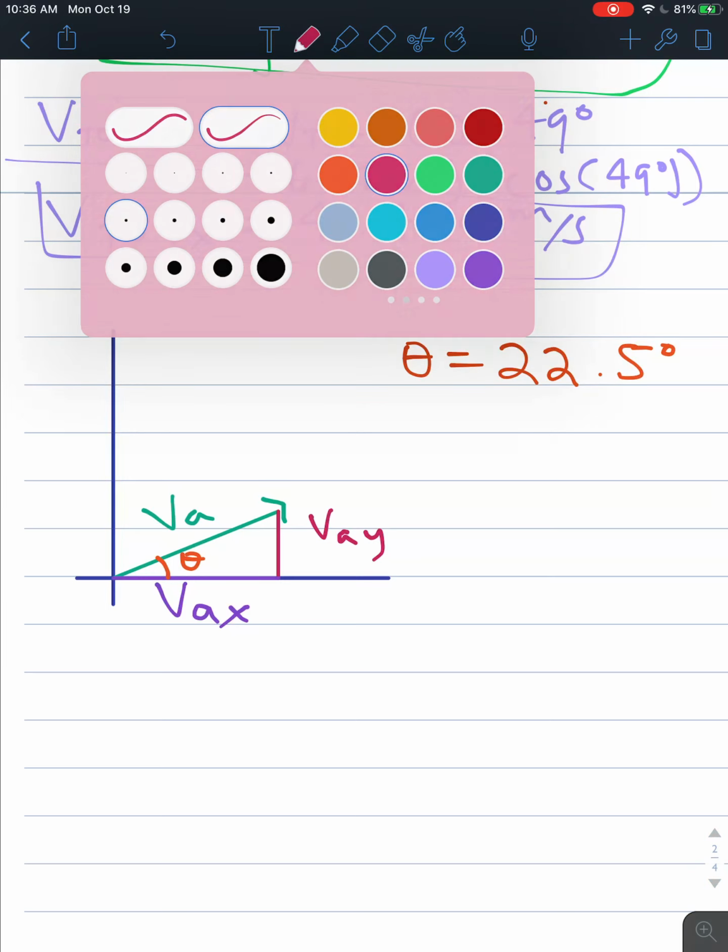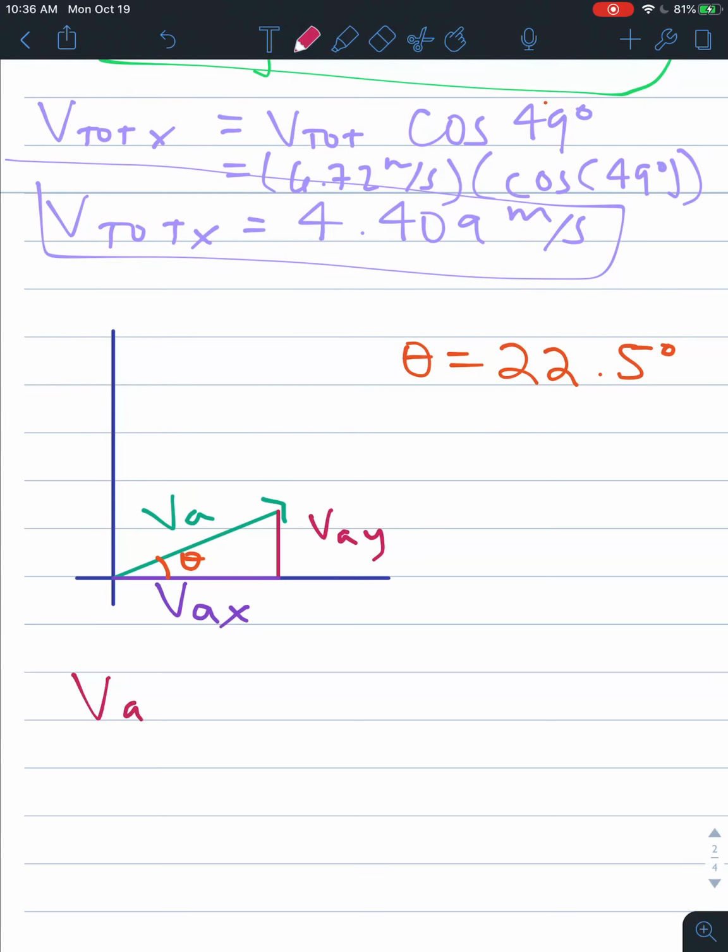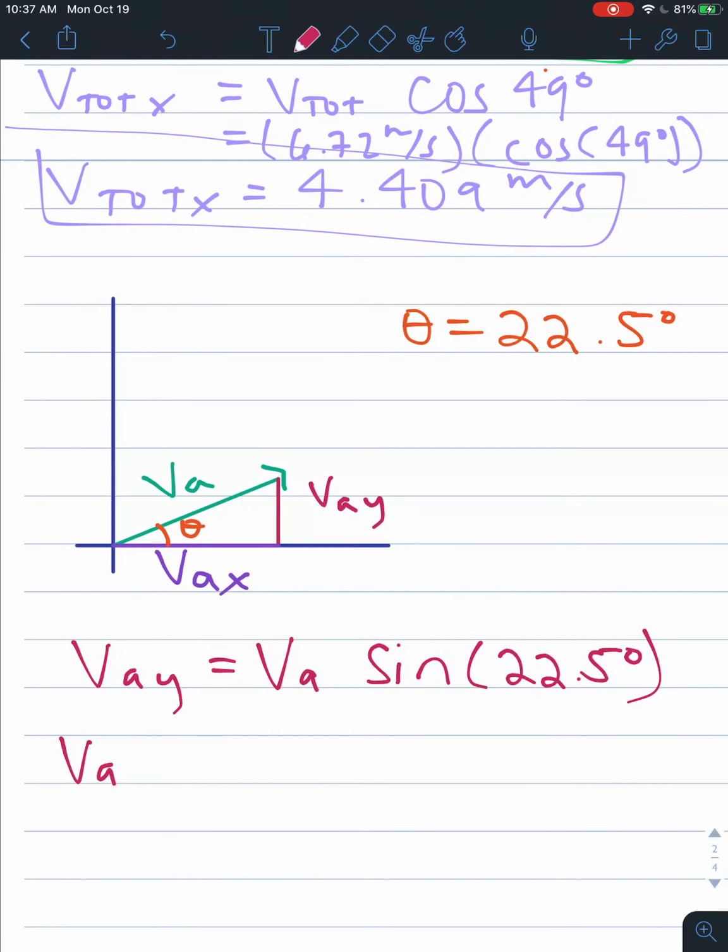VAY, just like from above, is on the opposite side, so we're going to use sine. So we have VA times the sine of 22.5 degrees. Now, we don't know what VA is, so I'm going to leave that as VA, but I'm going to change this sine of 22.5 degrees to a decimal so that it looks more like a coefficient, because that'll be useful in a little bit.